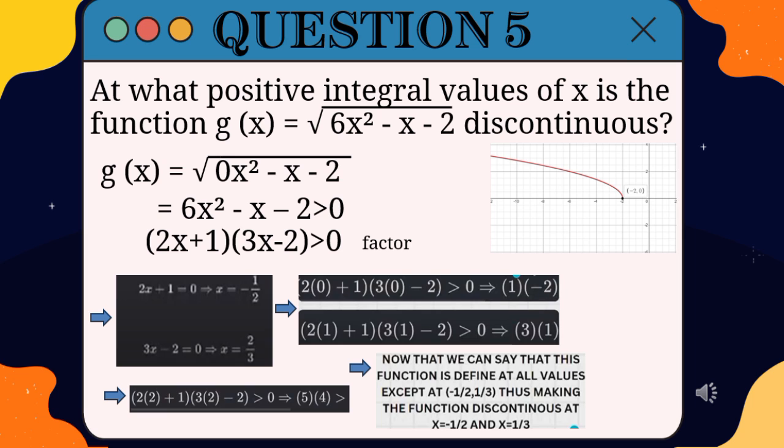Over here we have 6x squared minus x minus 2 is greater than 0. Now that we have found out that this is a quadratic function, we can factor this equation, and after that we can evaluate this expression. So first things first, we need to factor this out. There we go. We have 2x plus 1, 3x minus 2.